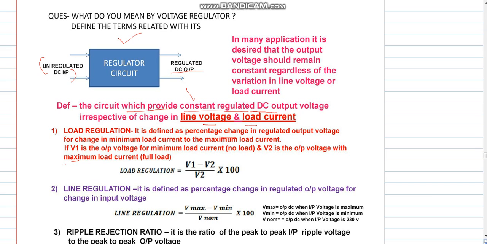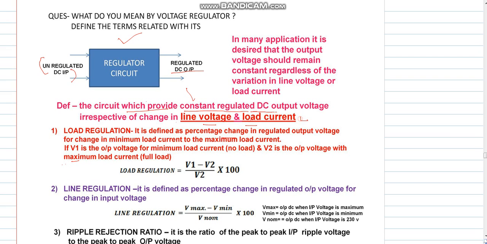Sometimes in a DC power supply the line voltage, which is 230 volt AC, may vary, and due to variation in line voltage the DC output voltage also varies. The second factor is the load current.